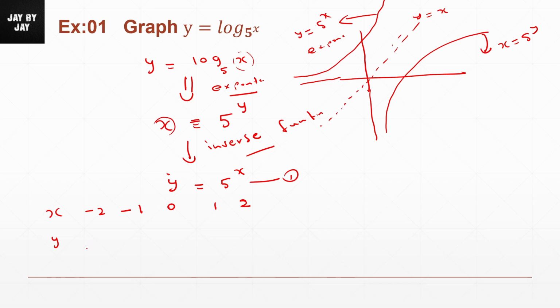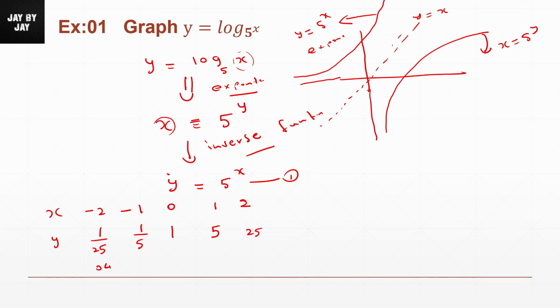If it's minus 2, you will get 1 over 25. If it's minus 1, you will get 1 over pi. If it's 0, you get 1. If it's 1, you get 5. And if it's 2, you get 25 here. Okay, now here you can write down like this.